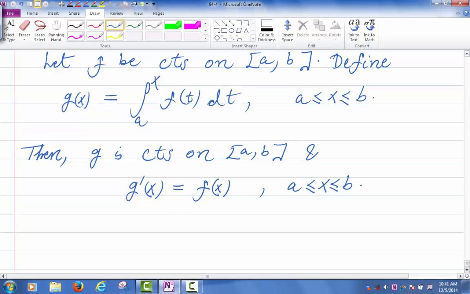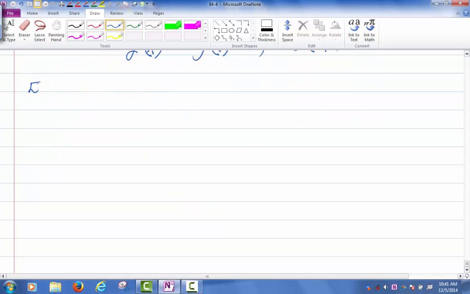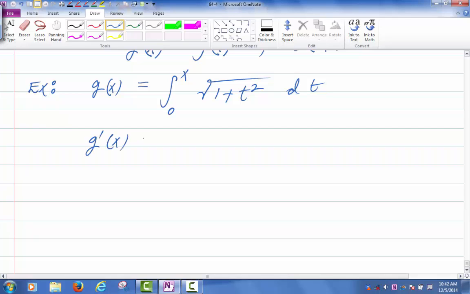Okay, let me give you an example now. Is everybody done writing it down? Okay. So here's an example. If I take g of x to be the integral from 0 to x of the square root of 1 plus t squared dt, can someone tell me what's the derivative of g? By FTC1, what's the derivative?